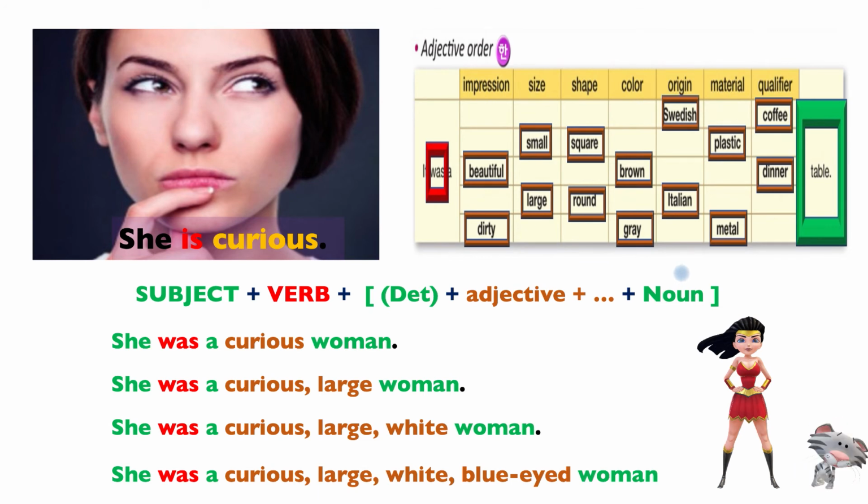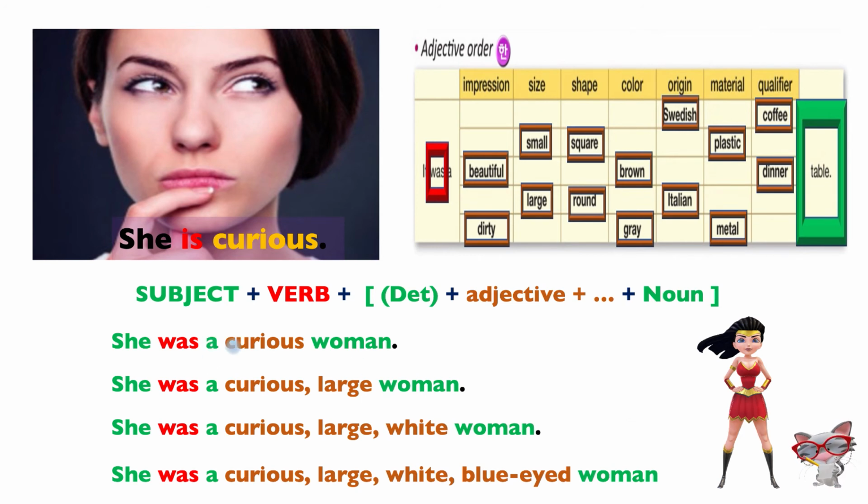So blue-eyed relates to qualifier, in a way. But blue-eyed is describing her, because you cannot say she was a curious, large, white, blue woman. So it connects a little bit with the color, but it's describing the shape and color of her eyes.